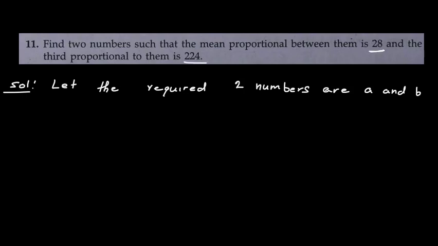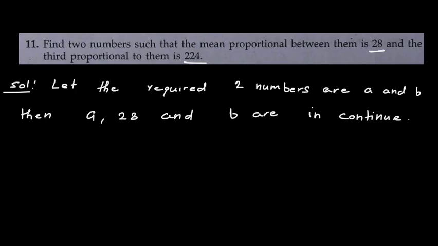Mean proportion is 28. Now mean proportion is 28, so then if two numbers are a and b, so then we can say that a, 28 and b are in continued proportion. Also one more condition is given, then third proportion is 224.